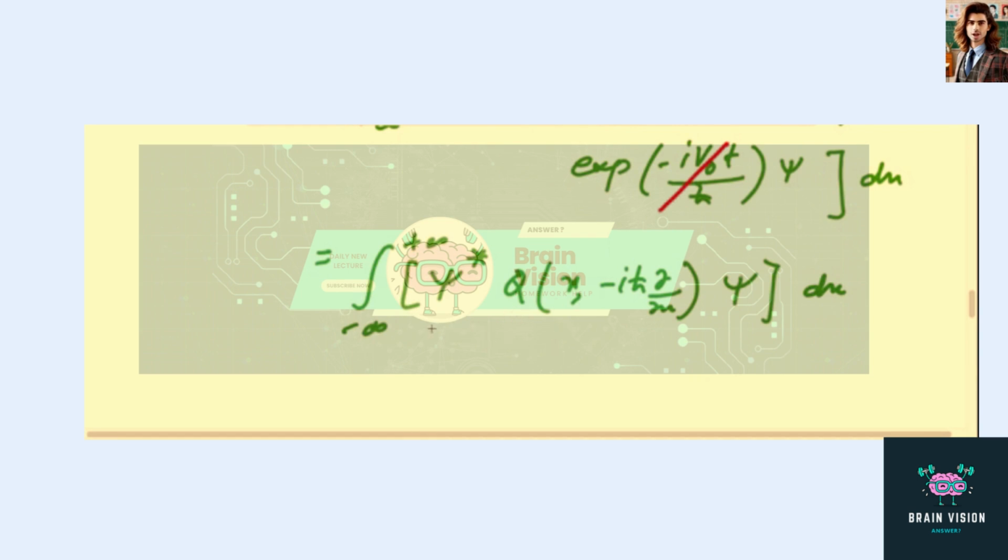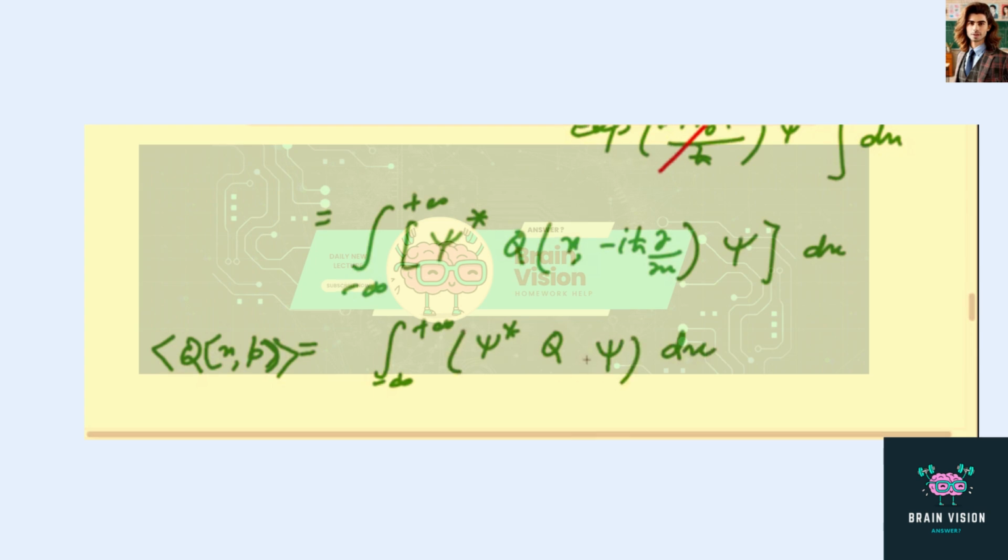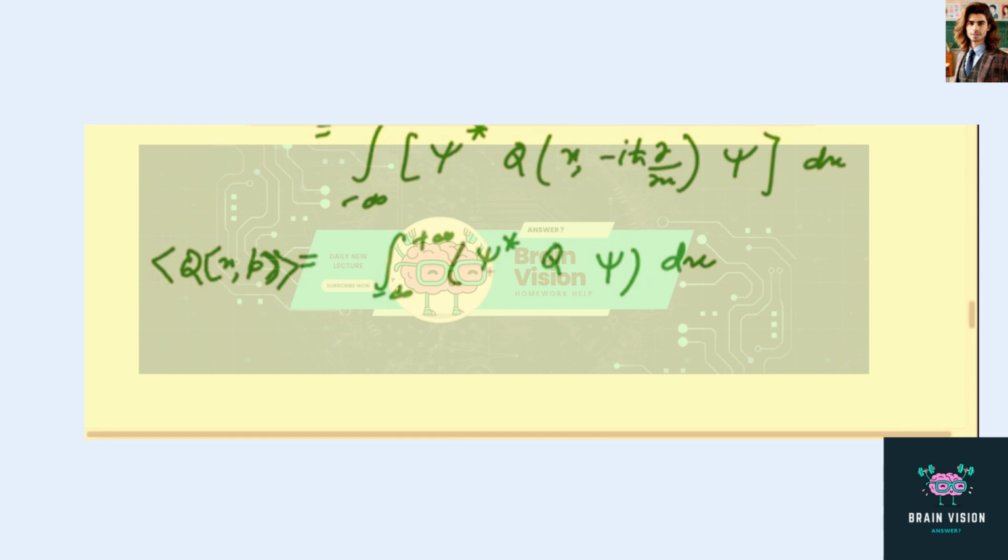So hence this is the same, that is the expectation of Q of x and p is equal to the integral of psi star Q psi dx, and this is the same because the wave function corresponds to the original wave function when you do not add the constant to the potential energy.